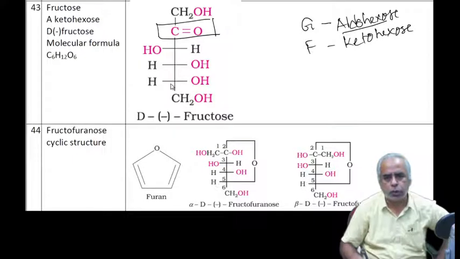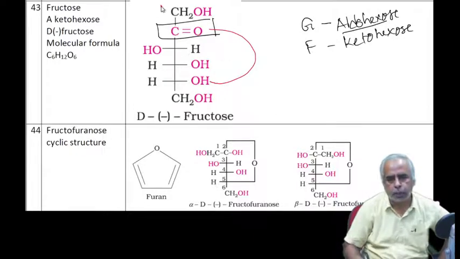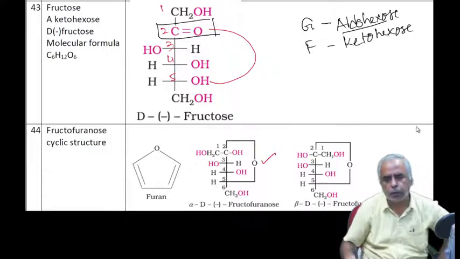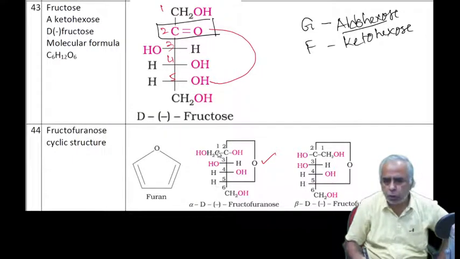The same structure, but CH2OH, C double bond O, and this is involved in the hemiacetal ring formation with the 5th carbon atom. This is 1st carbon atom, 2nd carbon atom, 3rd, 4, 5. So between the 2nd and 5th carbon atom, the hemiacetal ring is formed, and in fact the CH2OH is shown here.